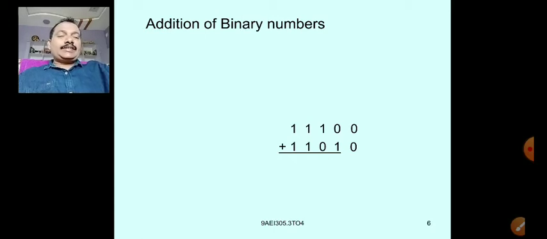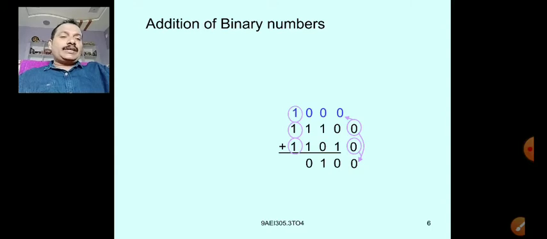Let us take another example. 0 plus 0 is 0. 0 plus 1 is 1, and 1 plus 0 is 1. 1 plus 1 is 10. 1 plus 1 plus 1 is 11.